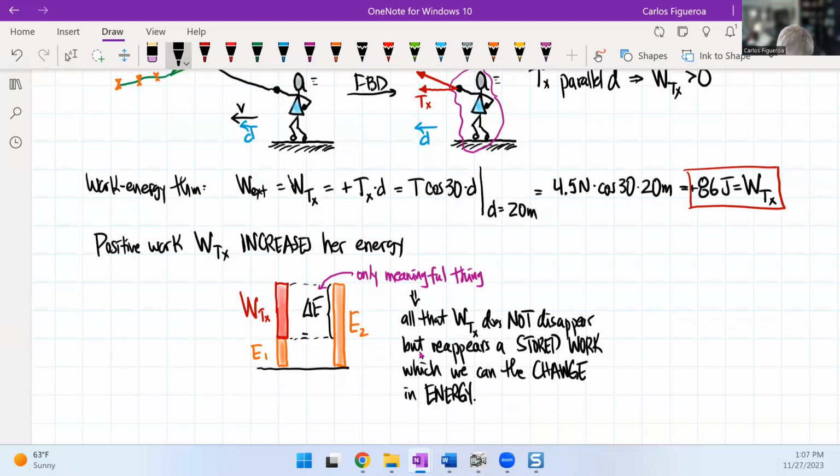We do not say energy, that's the change in energy.